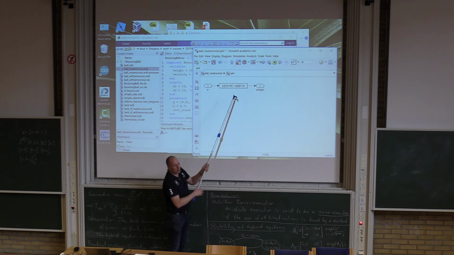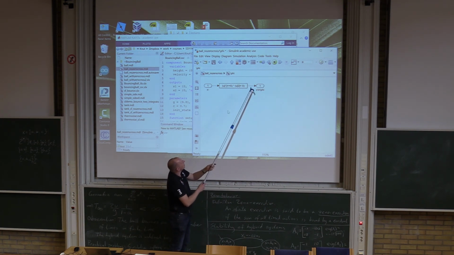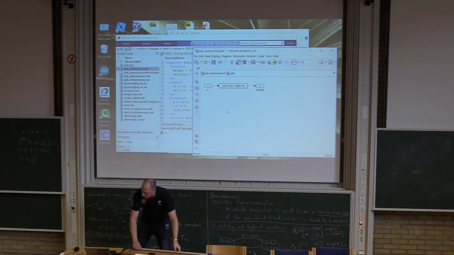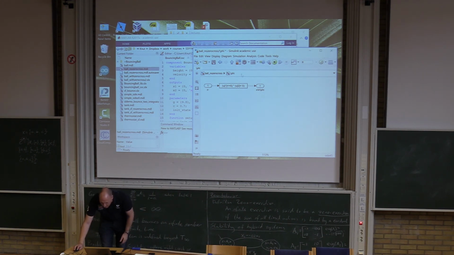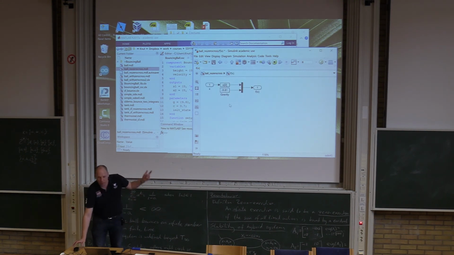So when this goes from 0 to 1, or from negative to positive, the integral action will be reset. Okay, and then we have the feedback loop as before here, like that.